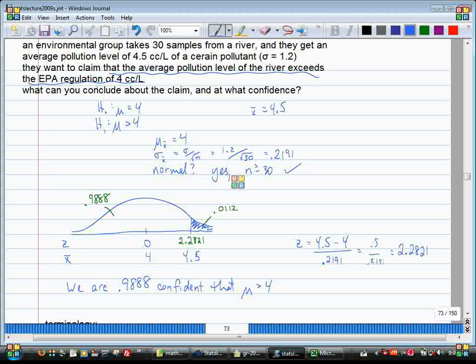So flip that around. If it's 0.0112 likely that mu equals 4, then how likely is it that mu is greater than 4? The opposite, 0.9888.